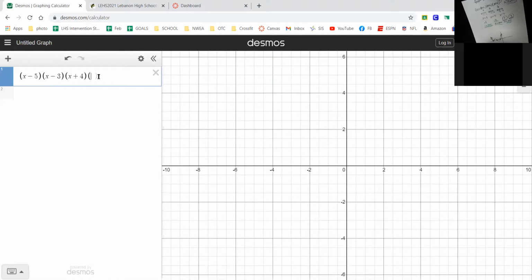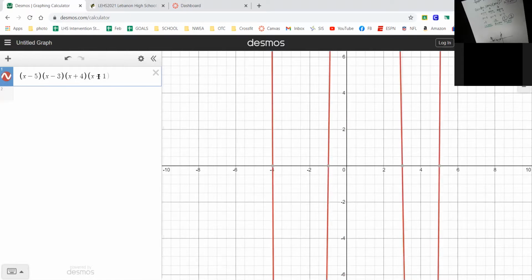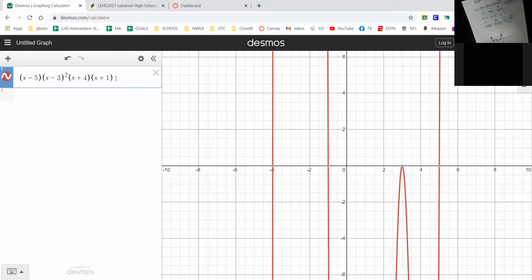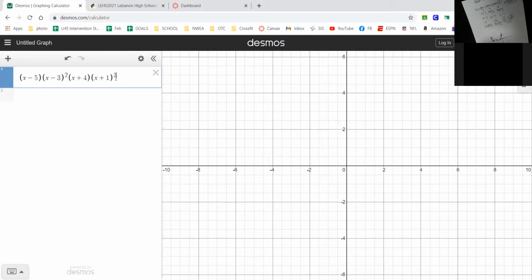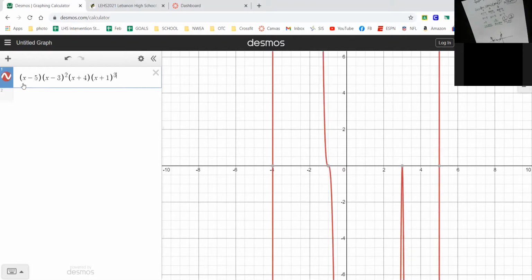And we'll do another one, x plus 1. And we'll just square this one. We'll cube this one. All right, so that makes for a really crazy looking function. But again, each one of these represents a 0.